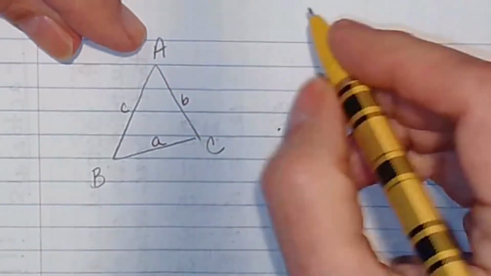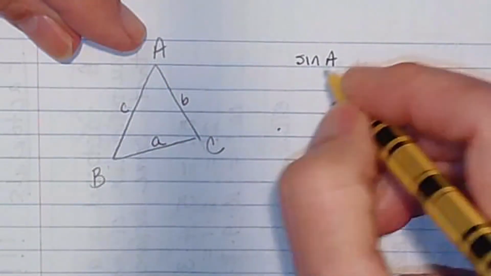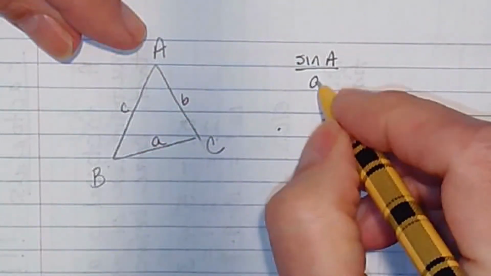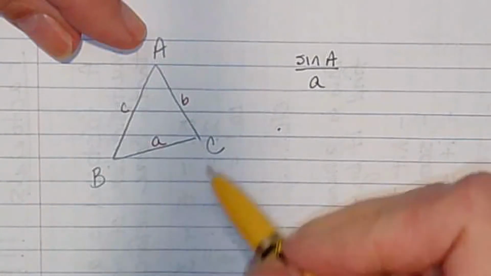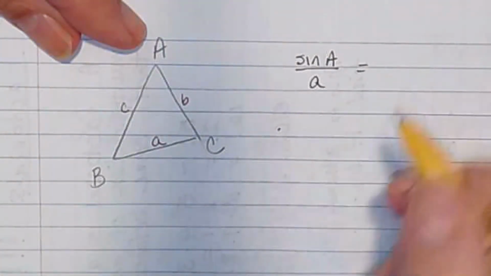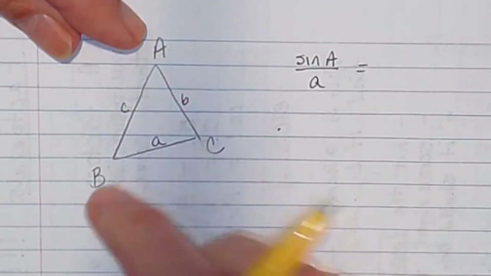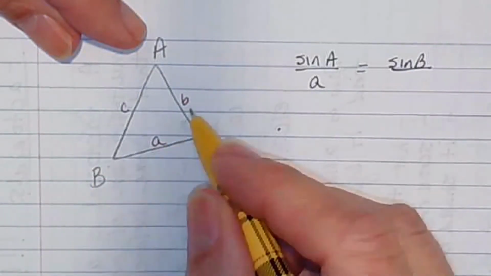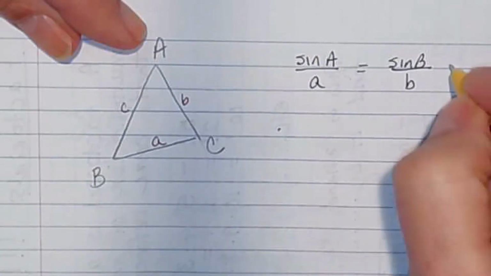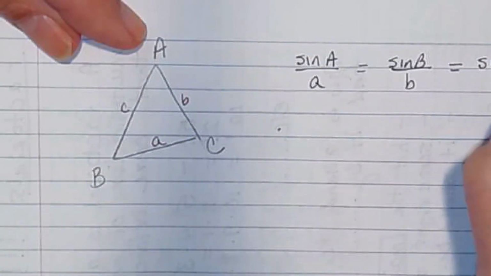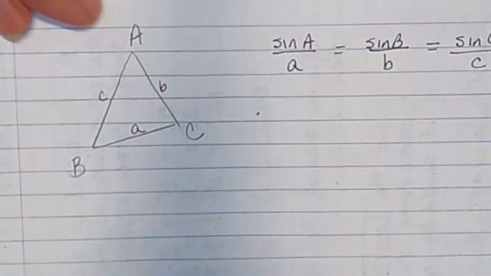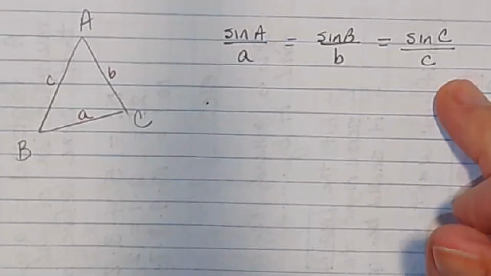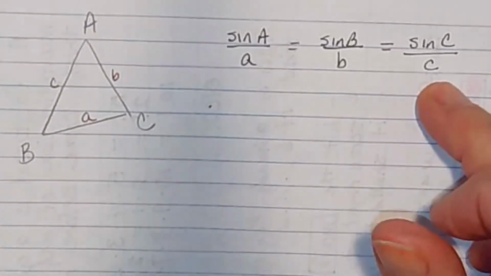I'll start with angle A. If you take the sine of that angle and divide it by its opposite side, therefore making a ratio, that will equal, you could pick either of the other two angles, I'm going to choose B, the sine of angle B divided by its opposite side, and that will also equal the sine of angle C divided by its opposite side. This is called an extended proportion. So all three of these ratios are equal to each other.